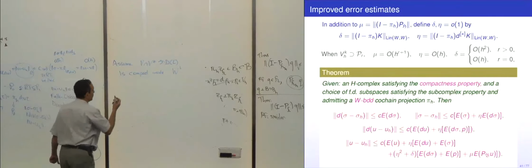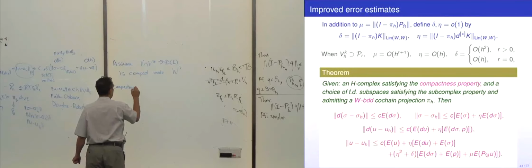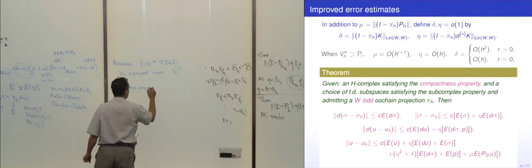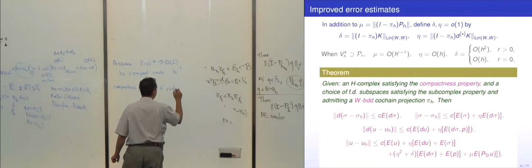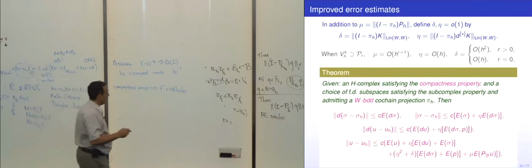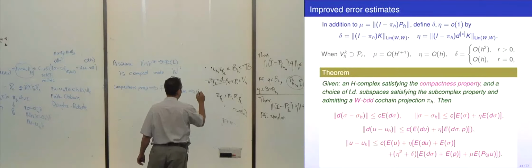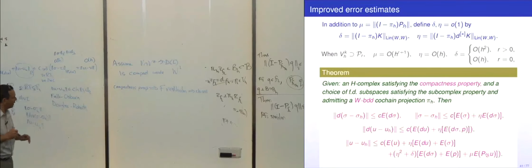And in all the applications, this is true. And in fact, we use this because this compactness property implies that the discrete Hodge, that the Hilbert complex, is Fredholm. And Fredholm implies that it's closed. So this is actually the way that you prove that, say, the de Rham complex is closed. I'll get to that later.